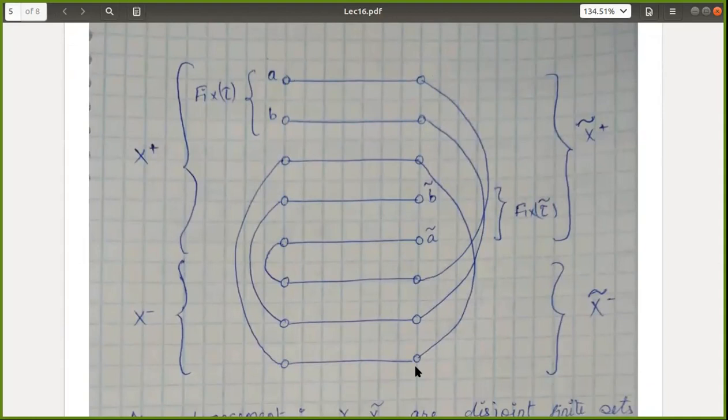First of all, I know that there is a bijection between x and x tilde. So on my left, I have x. On my right, it's x tilde. As soon as you know there's a bijection, the elements of x and x tilde are the same. So this goes to itself, this one goes to this one. So these sorts of parallel edges I can draw.